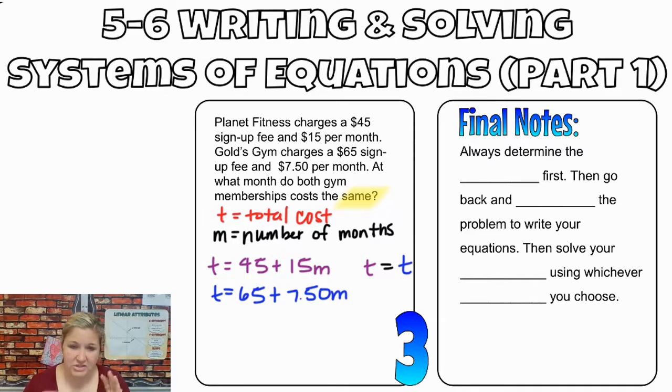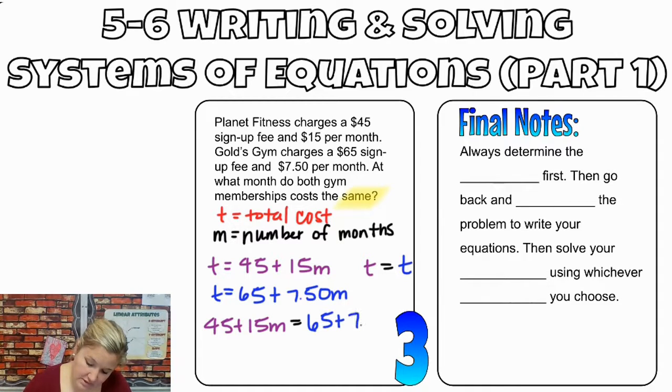So I'm just going to set these two equations equal to each other. So this is like the substitution that we talked about. So I'm going to have 45 plus 15M is equal to 65 plus 7.50M. So I'm going to solve for M at this point.